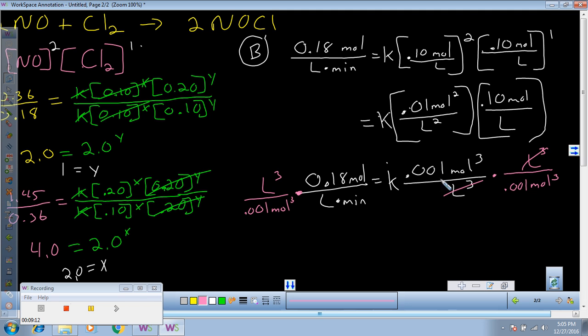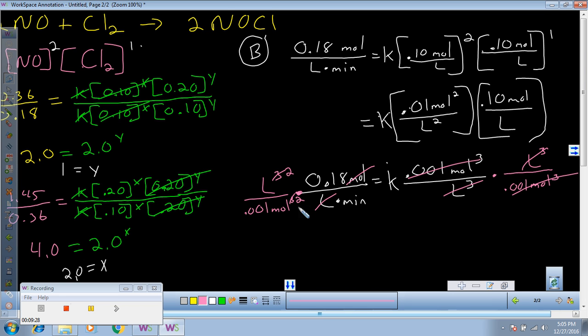That cancels. That cancels. And over here, one of my liters can cancel. So I'll take one from the bottom and one from the top, leaving me with 2. Same thing with the moles. One from the top, one from the bottom, leaving me with 2.